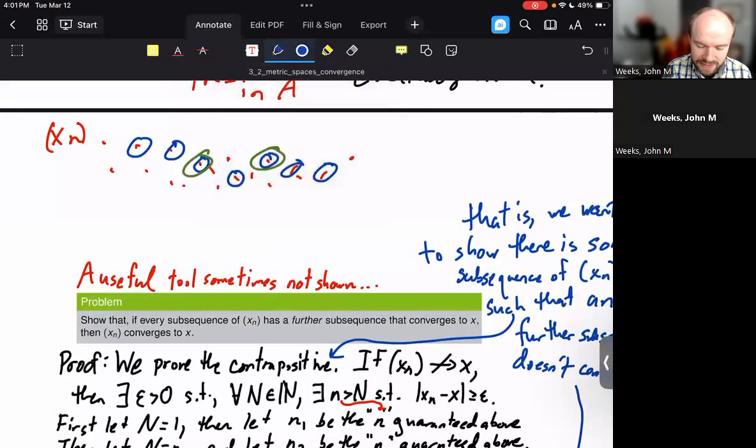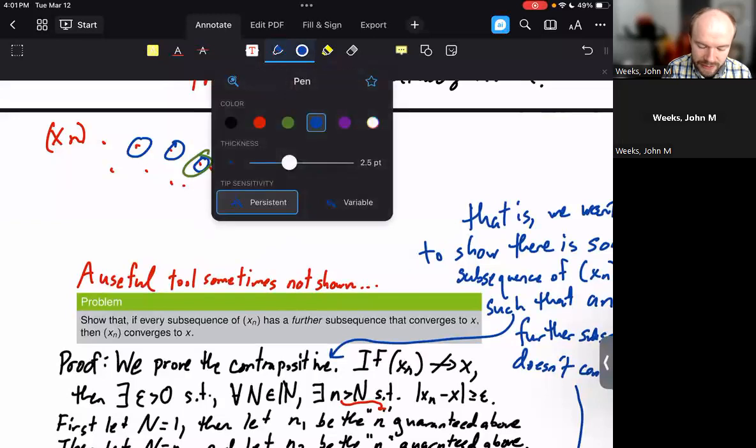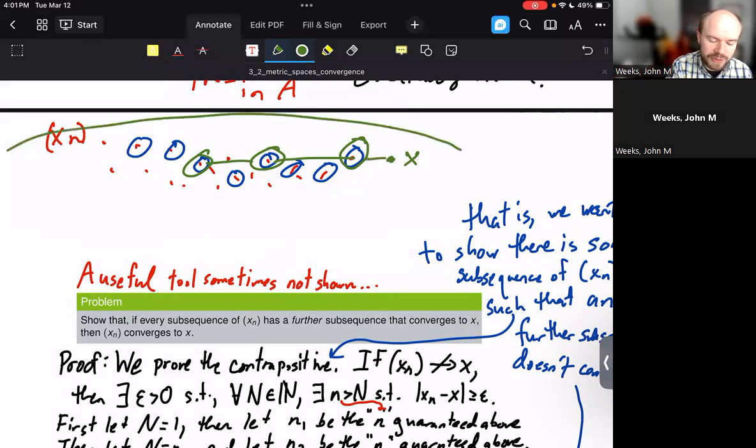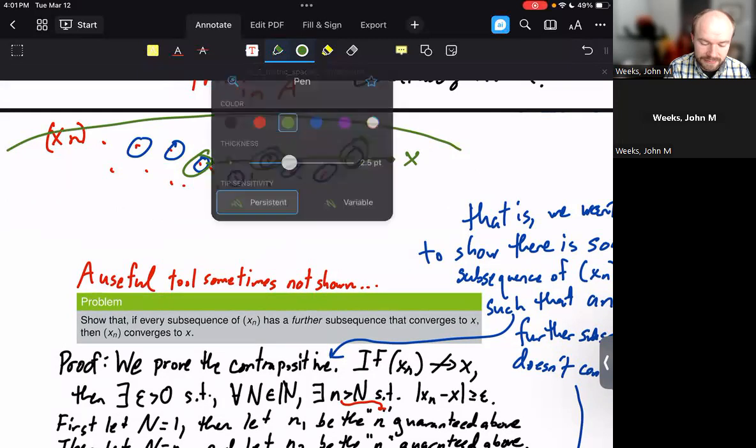So maybe you're picking this as your subsequence, and then what's circled in green is your further subsequence that converges to a specific number. If that is true, regardless of the subsequence that you choose, that you're able to find a further subsequence that converges to x, then in fact you can say something about the whole sequence in red itself, namely that the entire sequence x sub n converges to x.